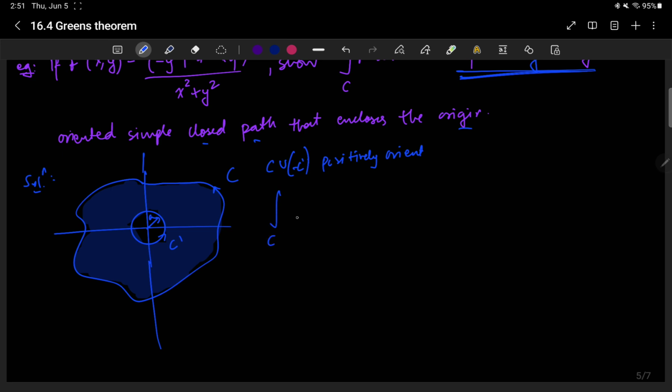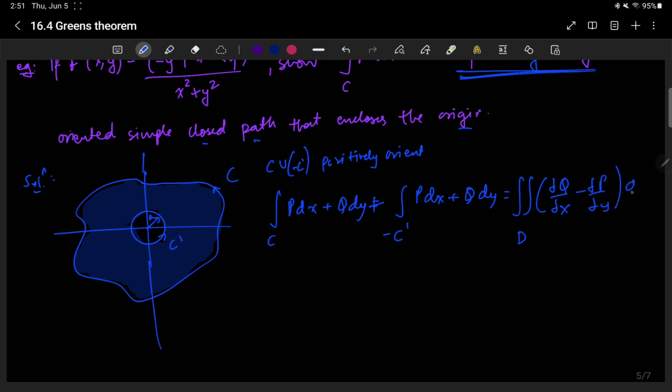So we have the result, which tells us that the line integral of P dx plus Q dy along C plus the line integral along negative C prime of P dx plus Q dy is the double integral of del Q over del x minus del P over del y dA. Which is what?